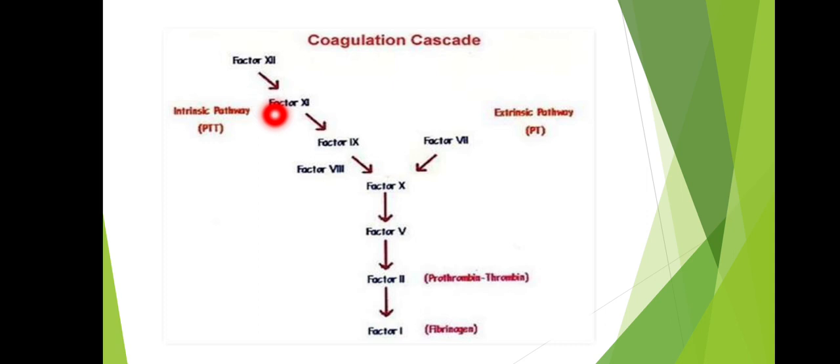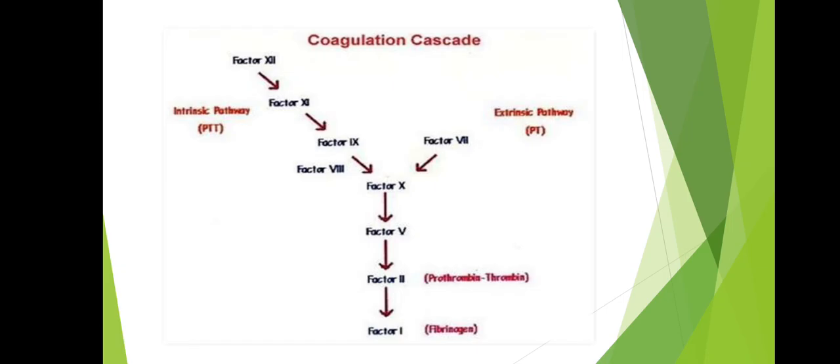Factor 12 activates factor 11, then factor 11 activates factor 9, then factor 8 combines with factor 9 to form factor 10. So where factor 8 has some kind of abnormality or deficiency, this whole series is going to be affected, and we're not going to form factor 1, which is fibrinogen, because we need to form fibrin.